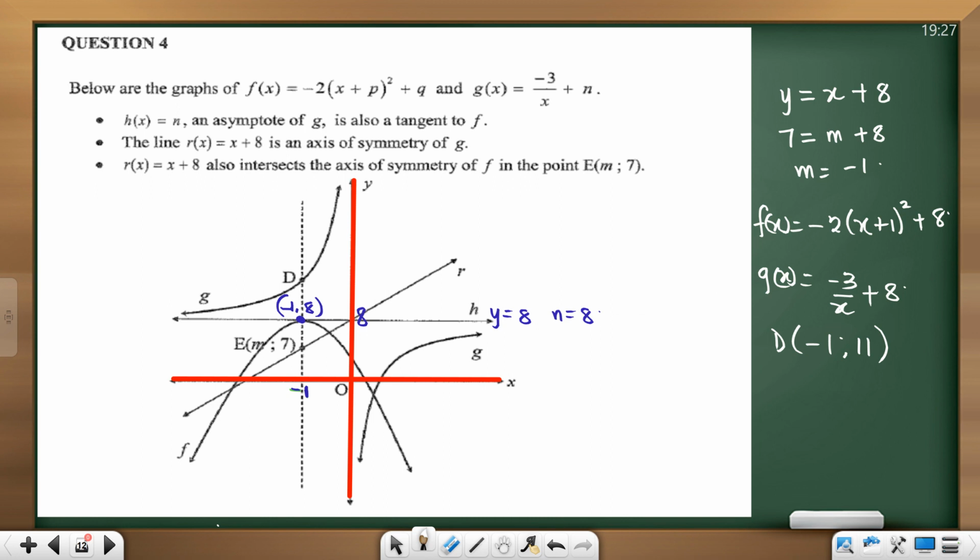Domain of G. Right, domain. X dominates your thought. Your x's are always dominating. X values.